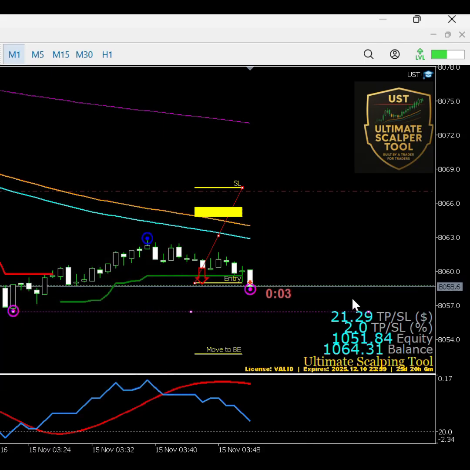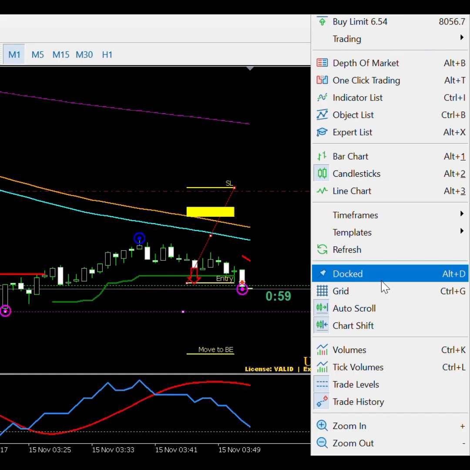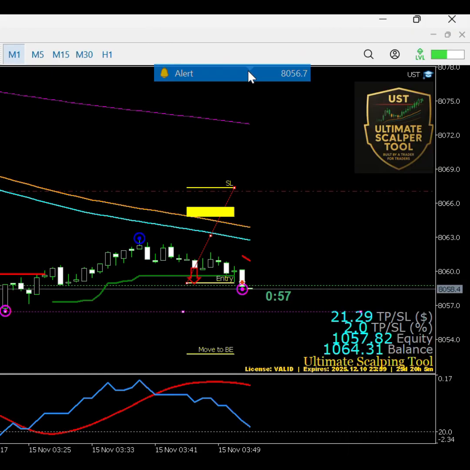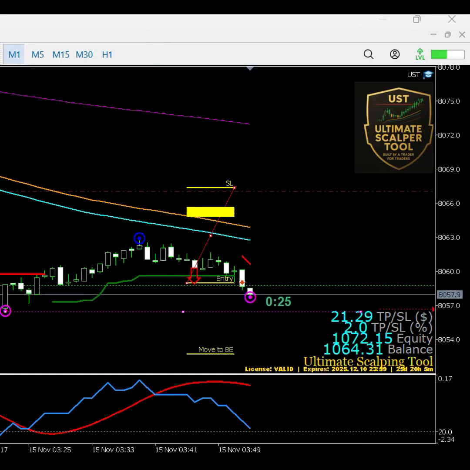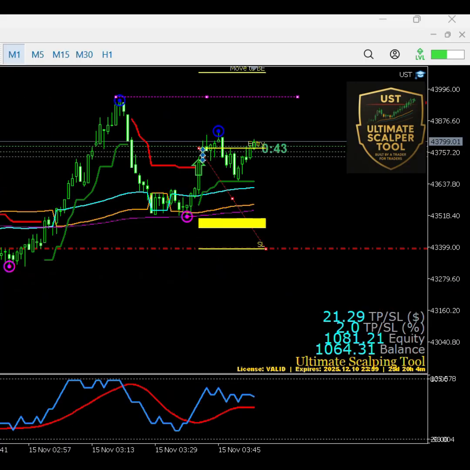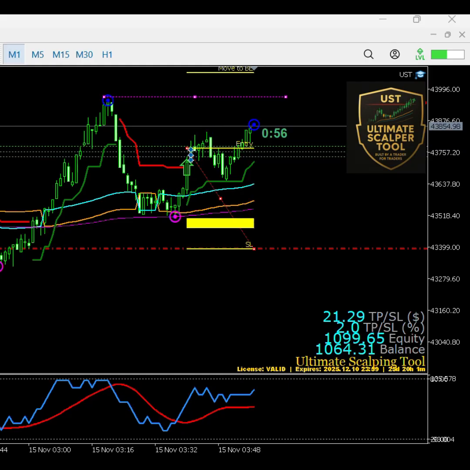There again I'm marking the most recent resistance and support that I can see. When you are scalping, you don't want to ignore this little resistance, because sometimes the market will turn, and when it turns, you won't like it. You always want to protect your capital and your psychology.